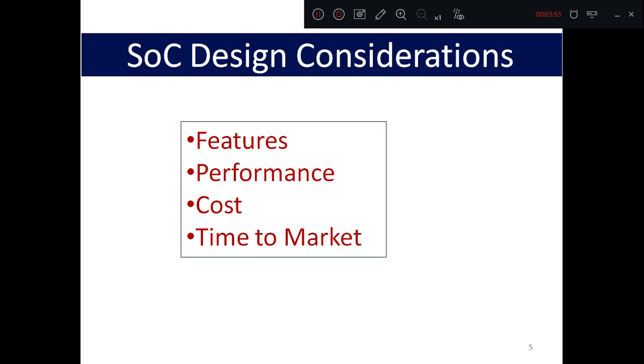Now, as all of us know, the technology is changing very fast. In each technology window, the design time always has to be small, keeping sufficient time for production and marketing.